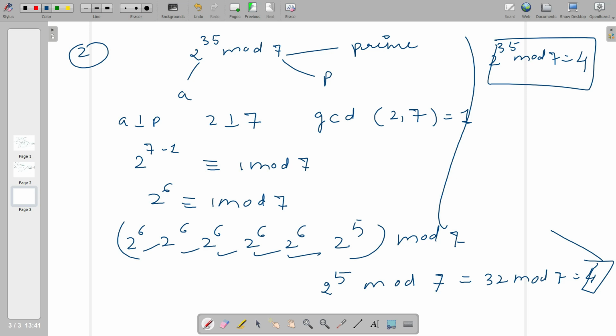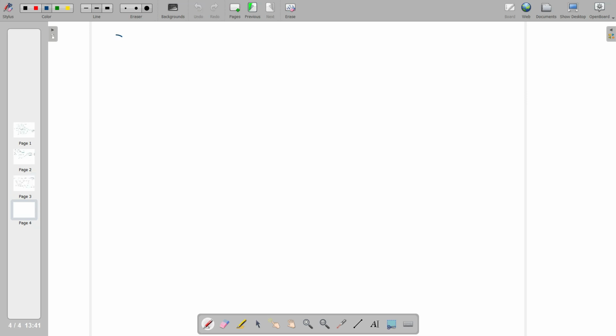But we need to check two things. First, p should be a prime number, and a and p should be co-prime to each other. Only then can we apply Fermat's little theorem. For example, you need to find 2 to the power 1000 mod 13. It's a large number, but with the help of Fermat's little theorem, we can solve this in 2-3 steps.